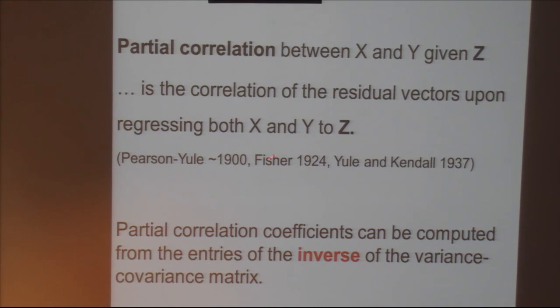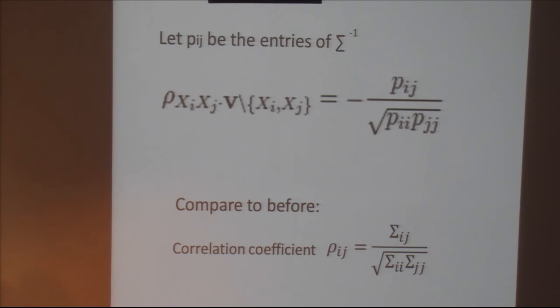And what the partial correlation coefficient does mathematically is it uses not the variance-covariance matrix, but it uses the inverse of the variance-covariance matrix. So now let's call the elements of the inverse variance-covariance matrix little p, and then this is the definition for the partial correlation coefficient with respect to the set of remaining variables, so a set of vertices V without I and J. Yeah?